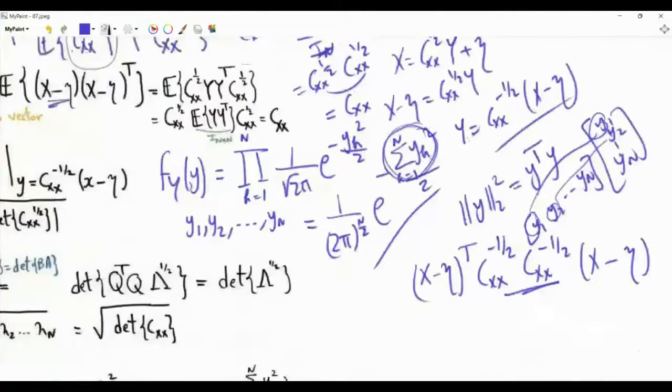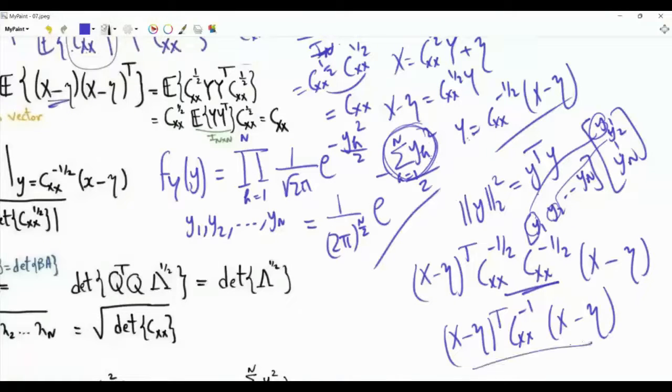These two can be combined as x minus eta transpose Cxx minus 1 times x minus eta. This means that rather than having the L2 norm squared of y, we have this expression in the multivariate Gaussian distribution. As you can see, this is parameterized by the mean vector, this column vector that contains the means of x1, x2, all the way to xn, and also the inverse of the covariance matrix.